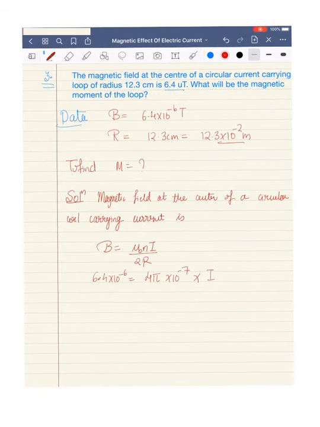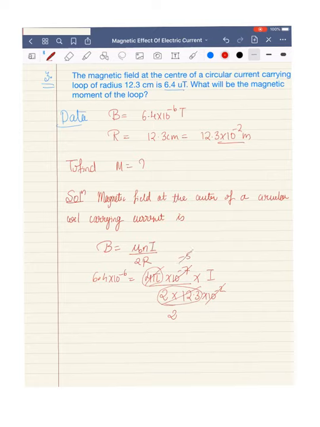And divided by 2 into 12.3. So 12.3 into 2 is 24.6 and 4 pi value is 12.56, so approximately we will take it as 2. So dividing this entirely by 4 pi, we get 2, rounded off to the nearest value. Okay, so now shift the terms over to the left.